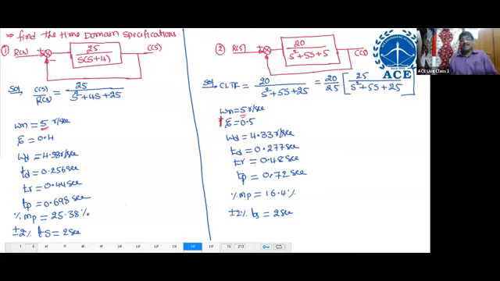As zeta increases from 0 to 1, the poles move towards the left and near to the real axis.